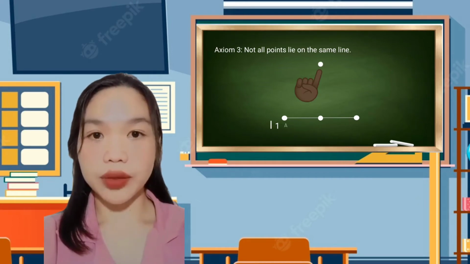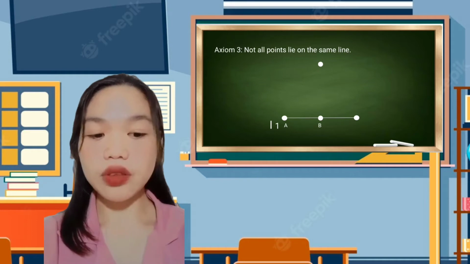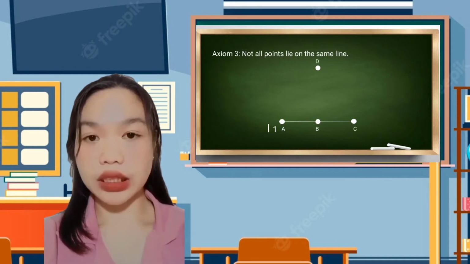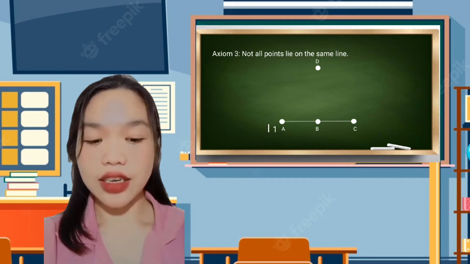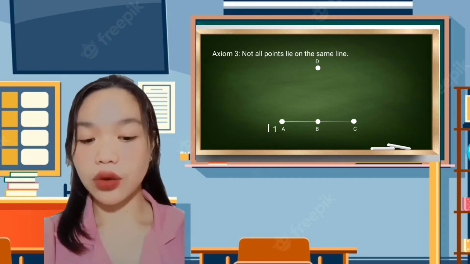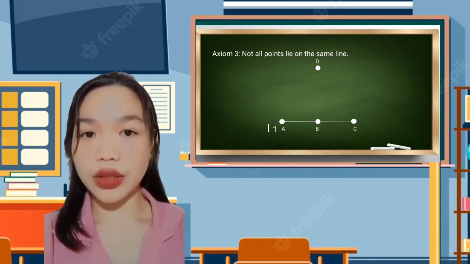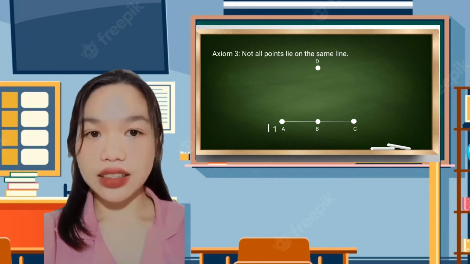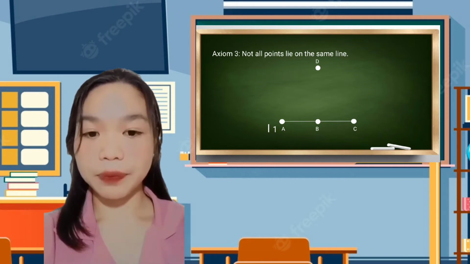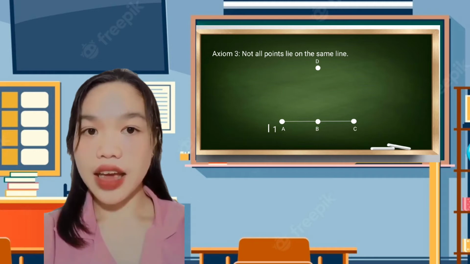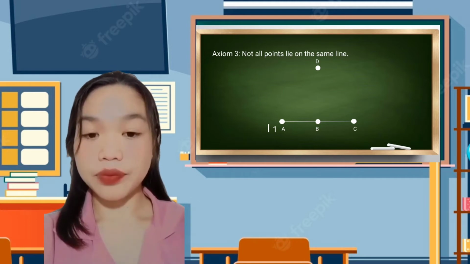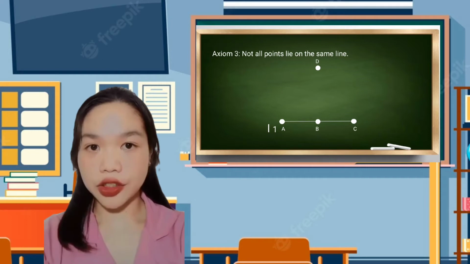It will be our point D. Since we have point D here at the top, we can say that not all points lie on the same line, because only points A, B, and C are on one line, while D at the top is separate. It is not included in the line A, B, and C. That is our axiom number 3, and I hope you understood.